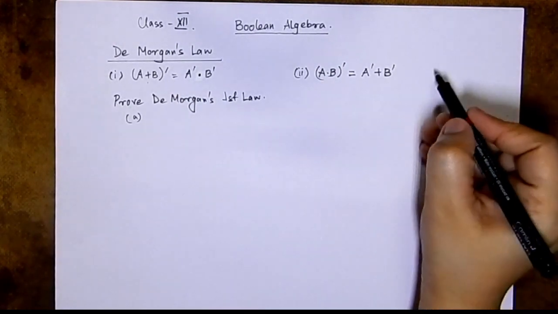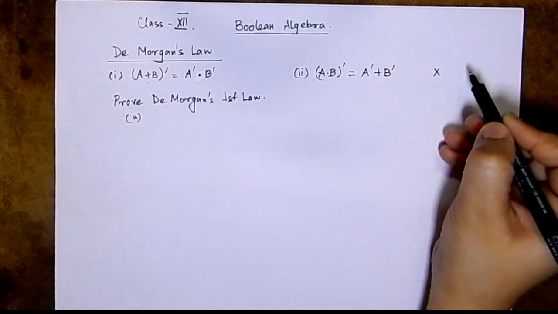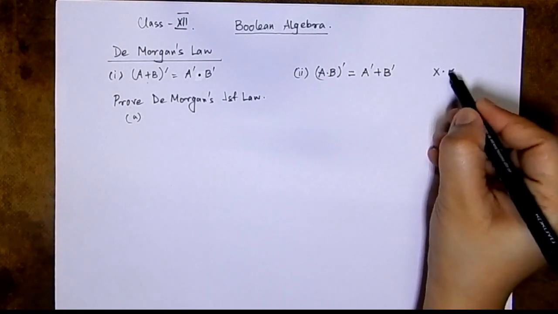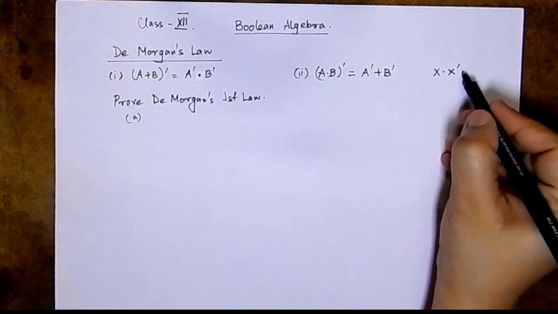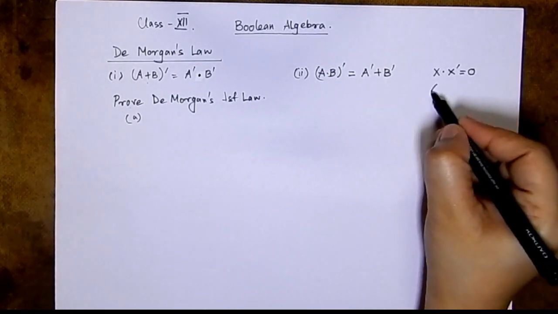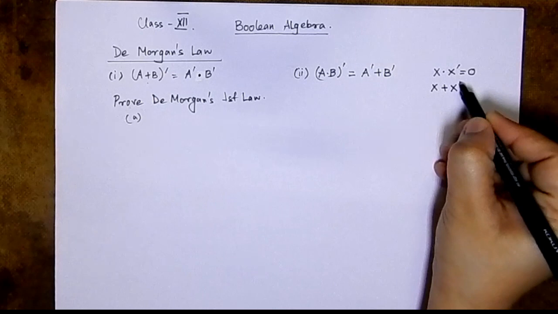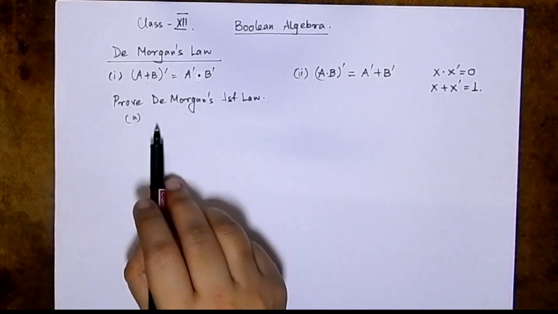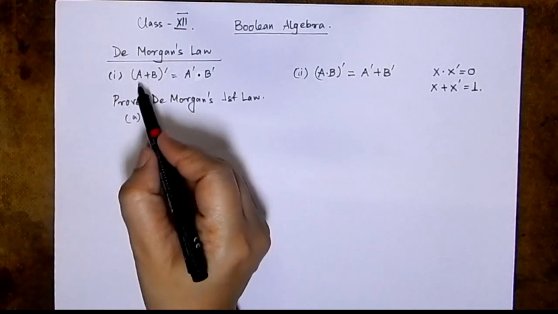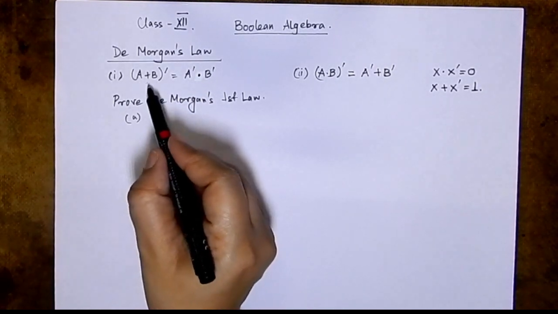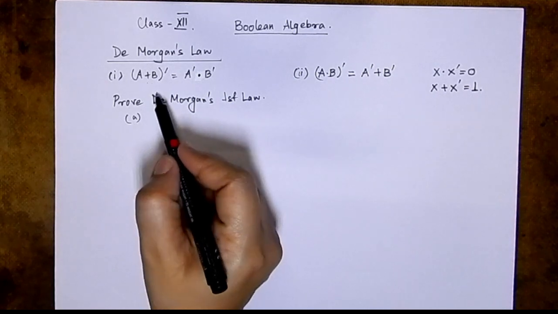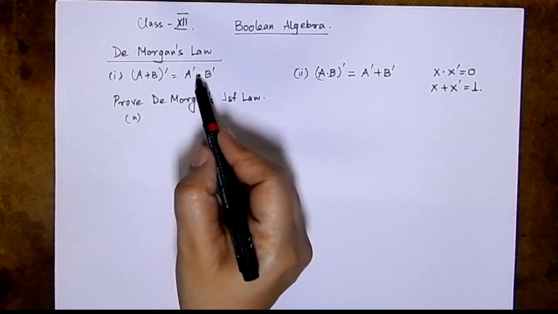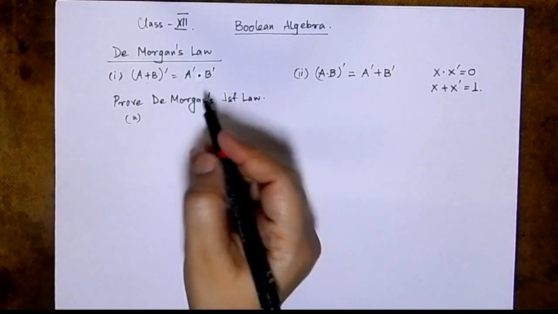As you know, for any Boolean variable, the product of the variable with its complement is always 0, and the sum of the variable and its complement is always 1. So we have to prove the same thing over here. In this case I am considering a plus b as x and a dashed dot b dashed as x dashed.